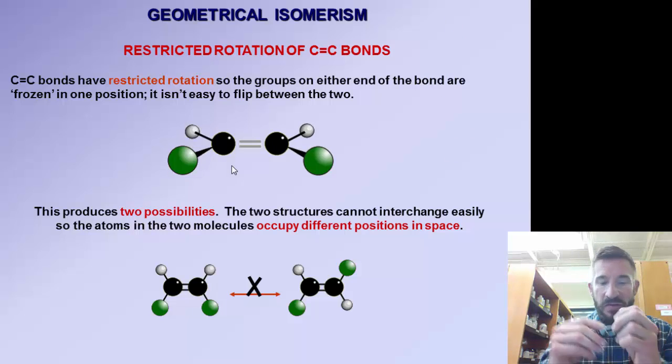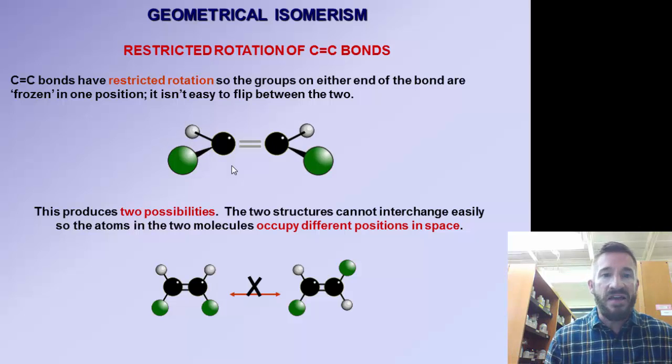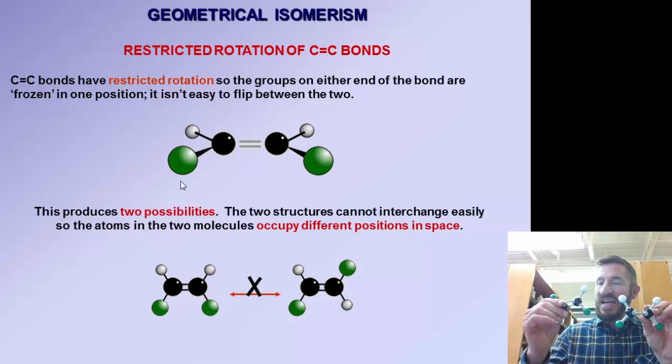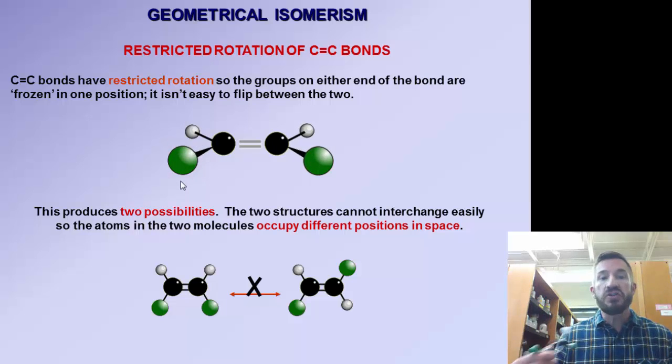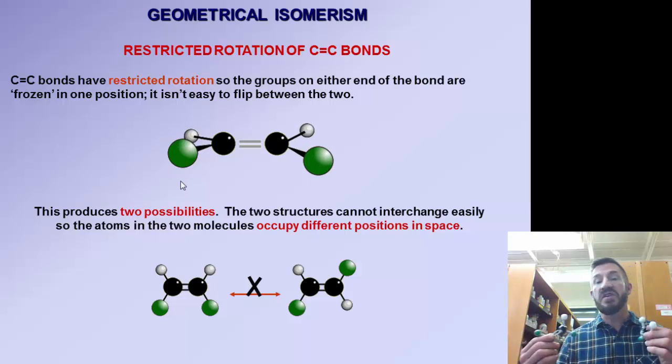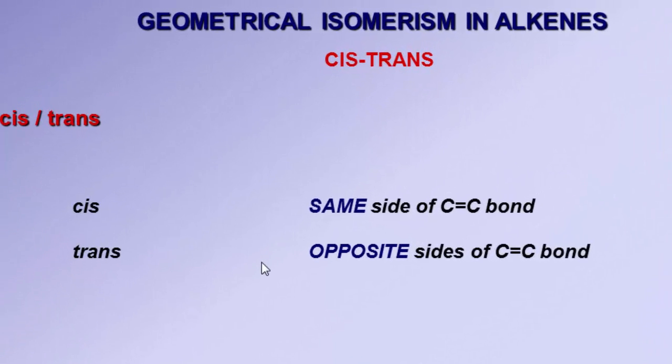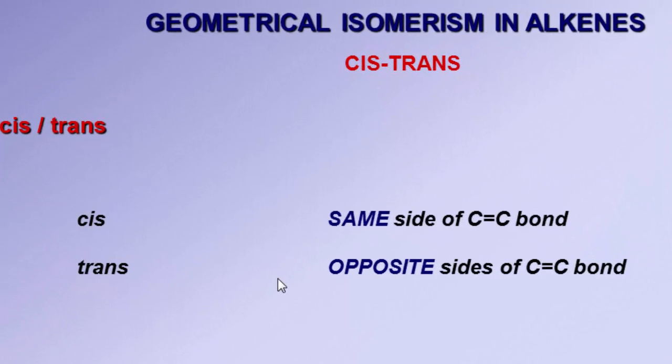Here we can't really move these around very much, and we can't flip from one type to another. So there's really two different possibilities because they occupy two different positions in space. So remember, cis is on the same side. Trans are when they're on opposite sides of the carbon-carbon double bond.